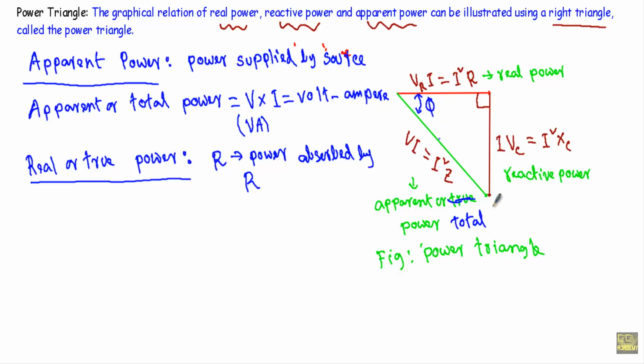See, this is our VI. It will have two components. One will be a horizontal component, another will be a vertical component. In this direction we will get VI cosine phi.